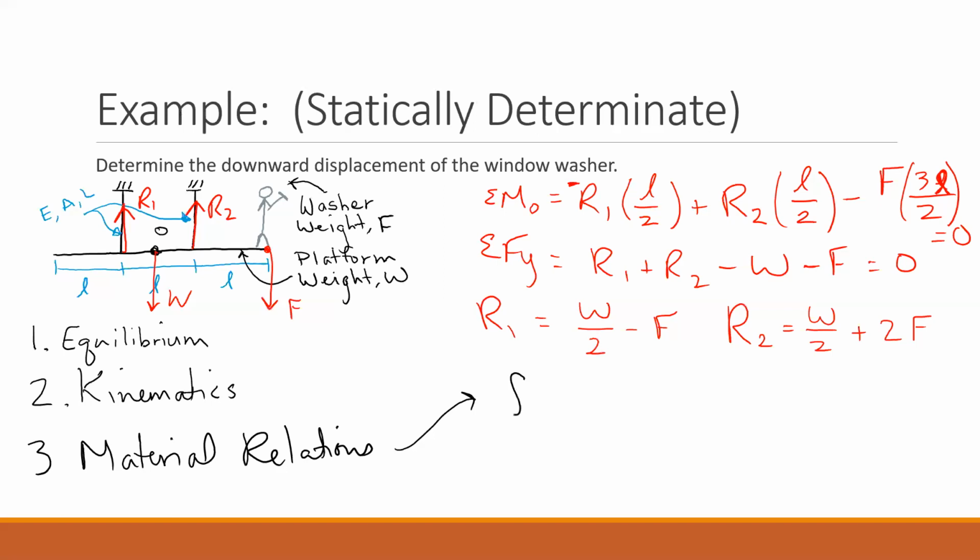So with del 1, that would be the elongation of rope 1, or the change in length. We know that it's going to be equal to the force in rope 1, which is W over 2 minus F, times L over AE. So if we were given A, E, and L, we could calculate that directly.